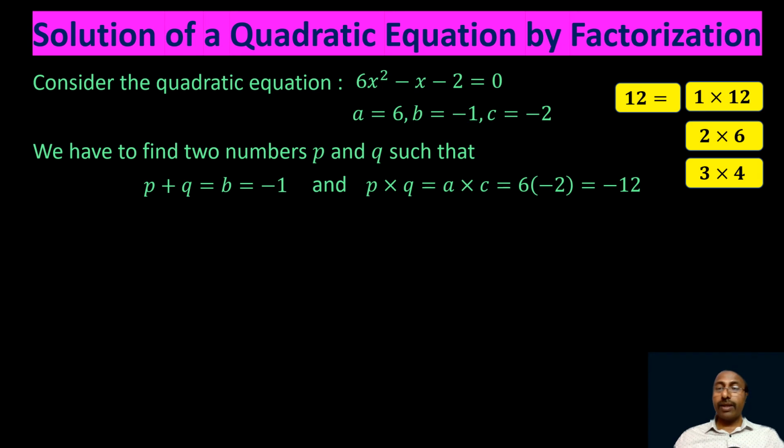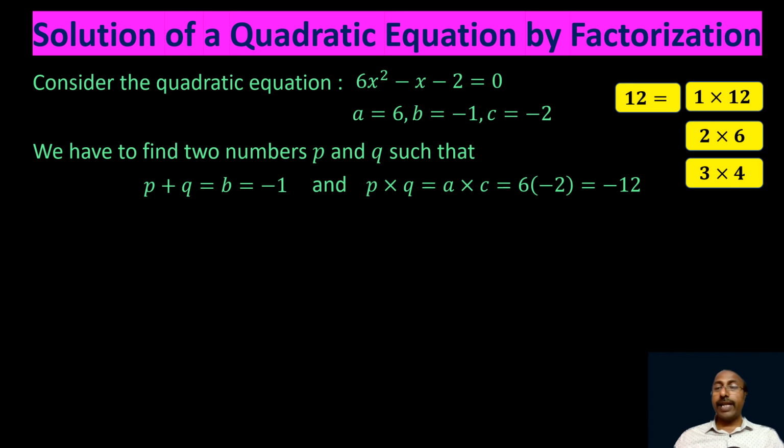Now observe these three cases. In the first case, 12 is factorized as 1 × 12. Using these two values we can't get the value of b such that either p + q = b or p - q = b.